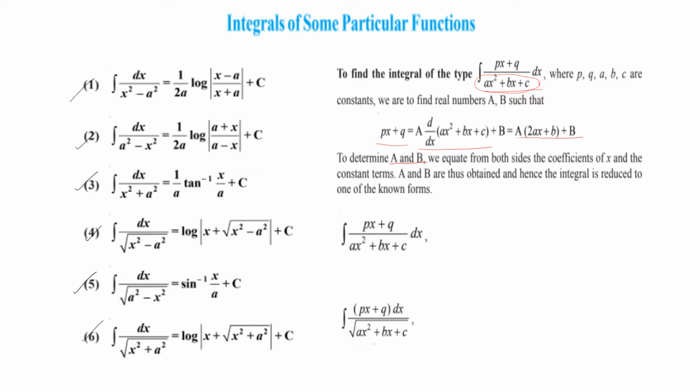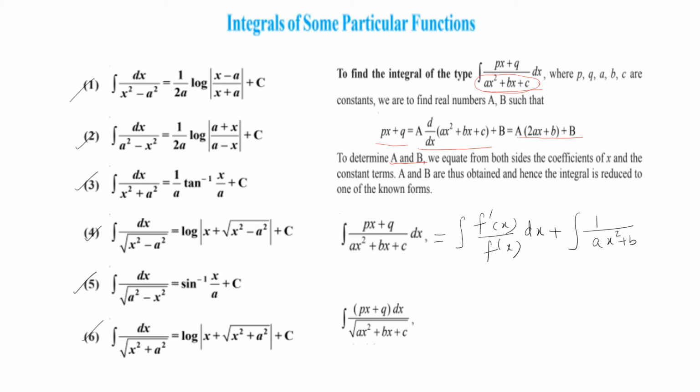Now see which type of forms we will be obtaining. Okay, so which two forms we will be obtaining? In case of our first form, that is your linear upon quadratic form, we will get integrals which will be of the form f dash x upon fx, plus second will be your 1 upon quadratic, right?